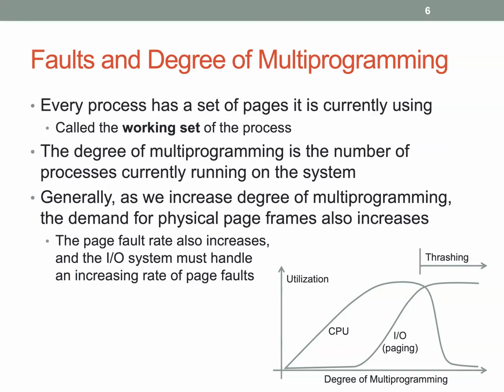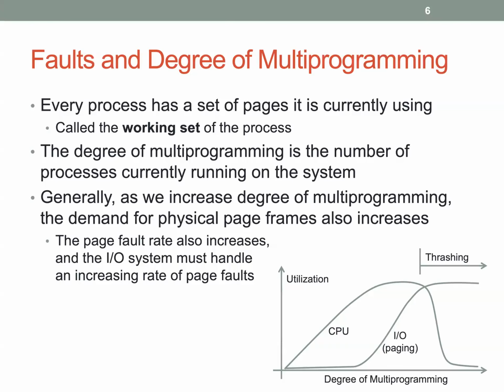You're still going to have IO bursts, which will cause a process to get off the CPU and other processes can run. So you increase the degree of multiprogramming, and as the frame requirements approach the total available frames, then you start to max out both the CPU and the IO system.